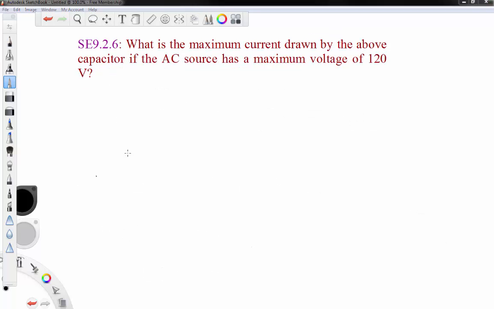All right, our second question is we want to know what is the maximum current, I max, which is drawn by the above capacitor if the AC source has a maximum voltage, delta V max, of 120 volts. Well, recall that the maximum voltage is whatever the impedance is times the maximum current.